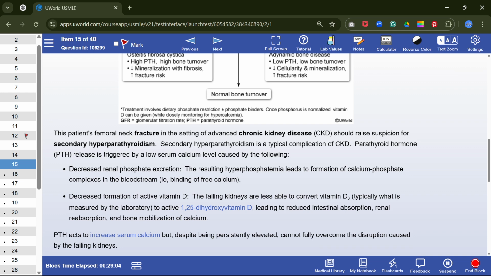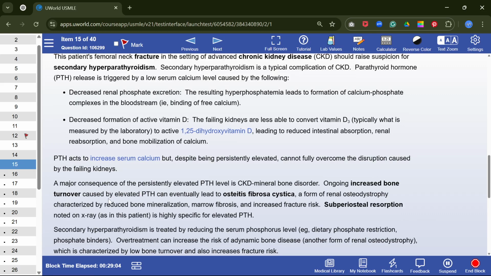Decreased formation of active vitamin D: the failing kidneys are less able to convert vitamin D3, typically what is measured by the lab, to active 1,25-dihydroxyvitamin D, leading to reduced intestinal absorption, renal reabsorption, and bone mobilization of calcium.